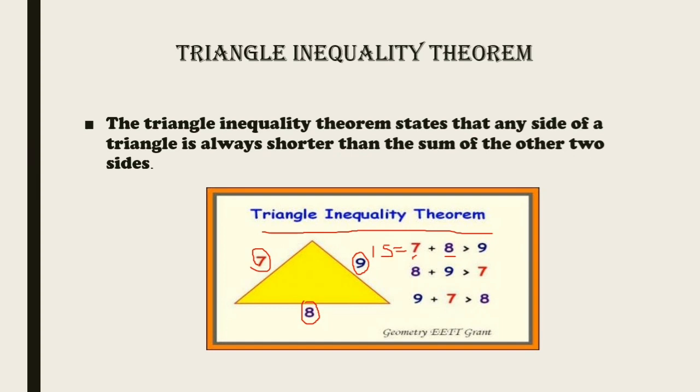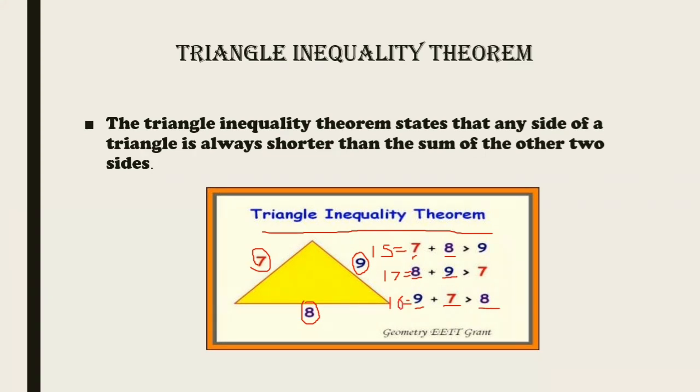If we see in the next example, 8 plus 9 is equal to 17. And again you can see here this 17 is greater than the third side, which is 7. Similarly, in the third case, 9 plus 7 is equal to 16, greater than the remaining third side, which is 8.